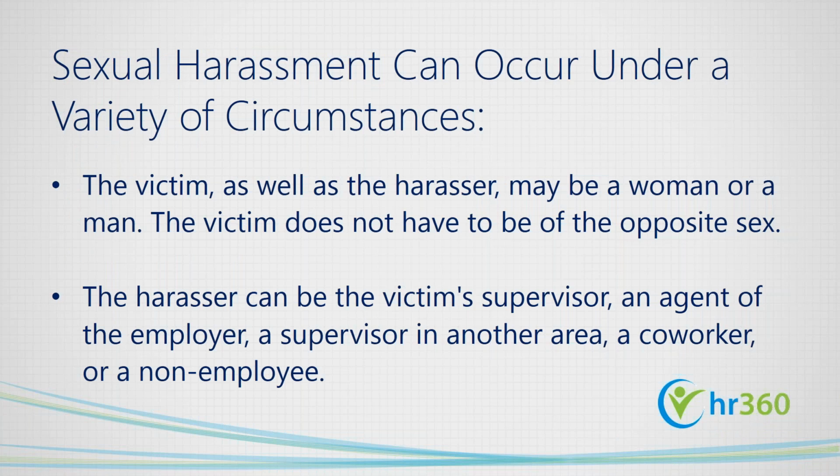So our examples showed workers of opposite genders, but there are many and varied circumstances under which sexual harassment can occur. The victim or the harasser can be of either gender, and the two parties are not necessarily opposite sex. It could be the same. Additionally, the harasser can be a colleague, a supervisor, an agent of the employer, a supervisor in another area, or a non-employee, such as a client or customer.